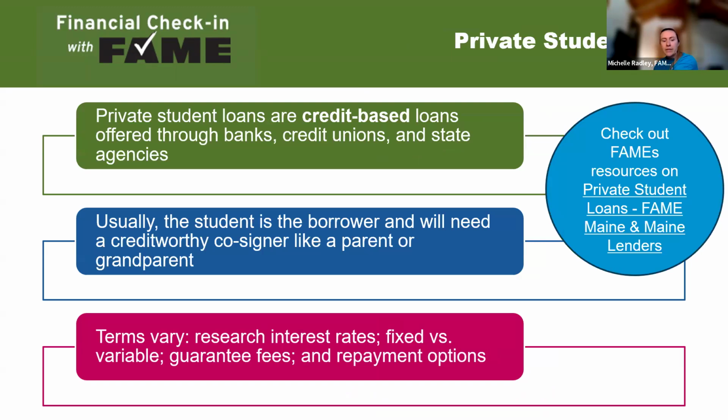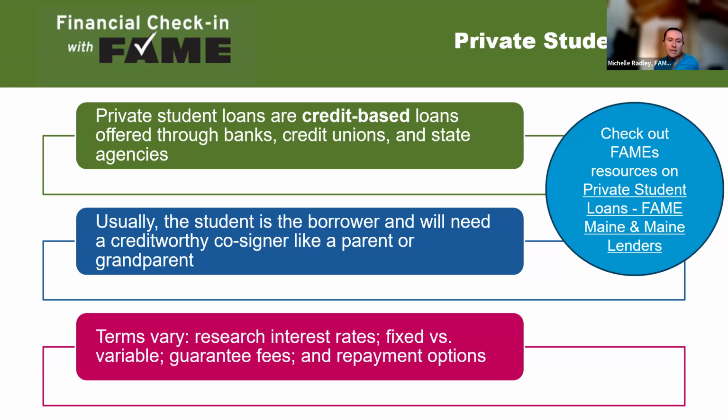In some ways similarly, private student loans are available as well. These are also credit-based, like the PLUS loan. They're offered through a number of different institutions. They might be offered by banks or credit unions, as well as state agencies, as you might have heard, like Maine administers the Maine loan.